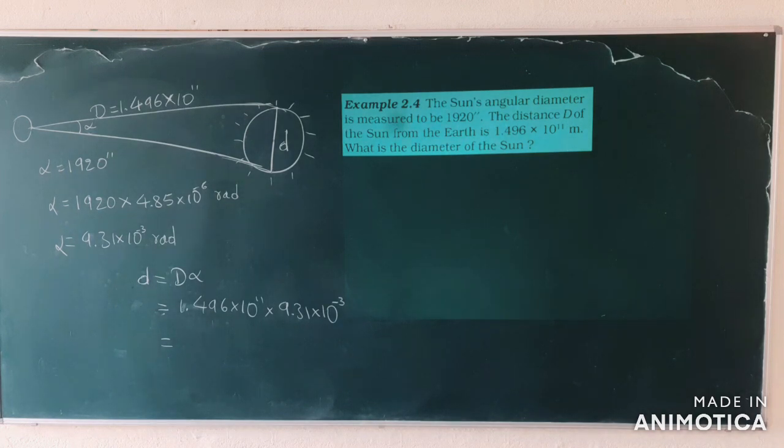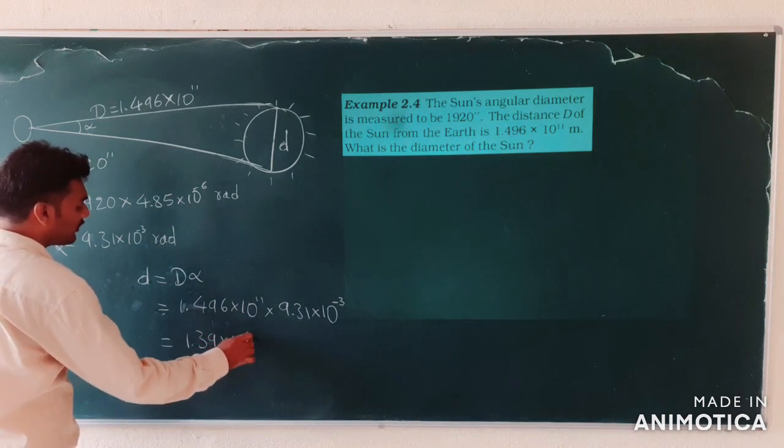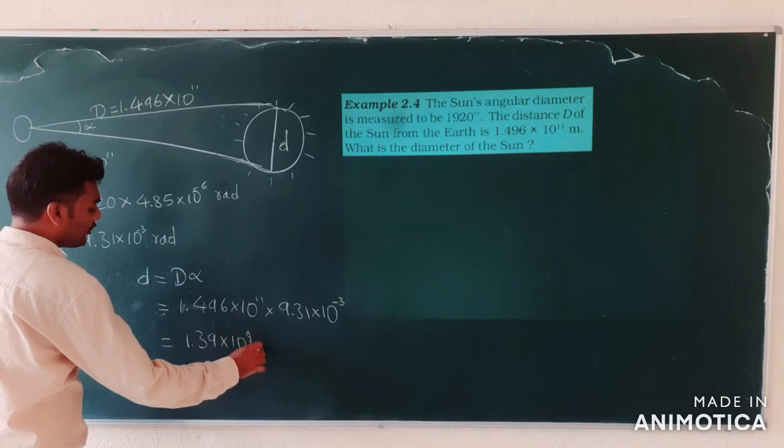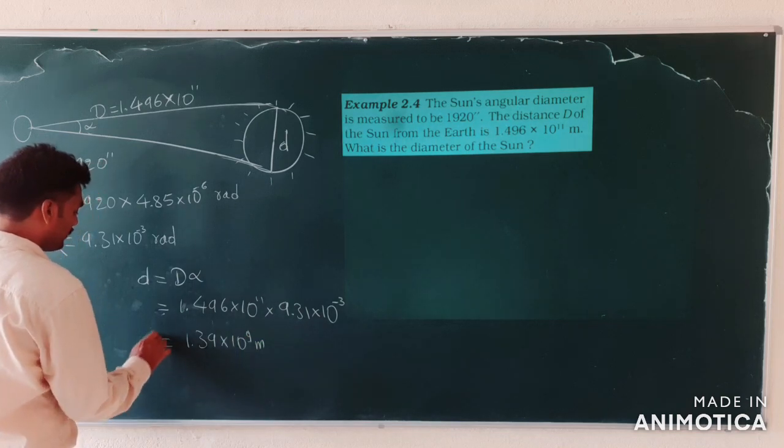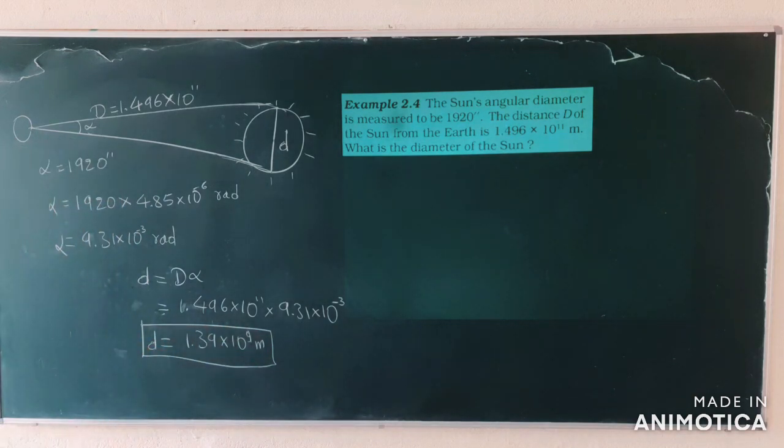So you'll get 1.39 into 10 to the power of 9 meter. So this is the value of the diameter of the sun. Easy one. Fourth question is done.